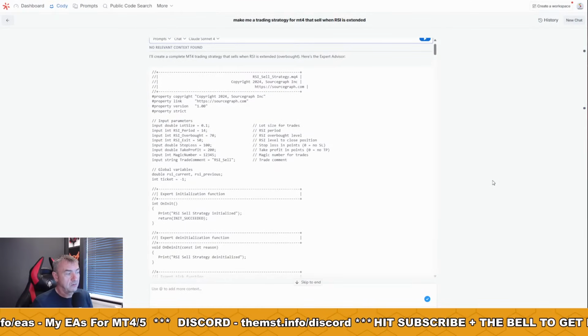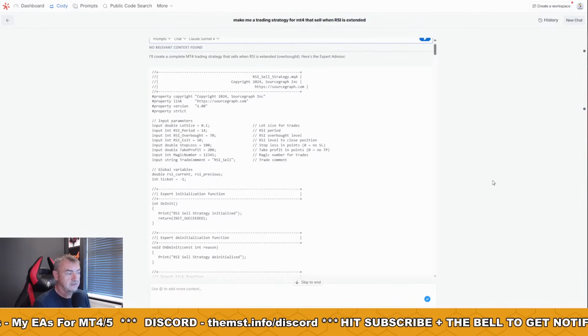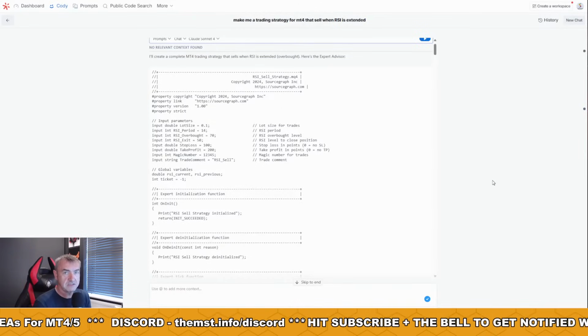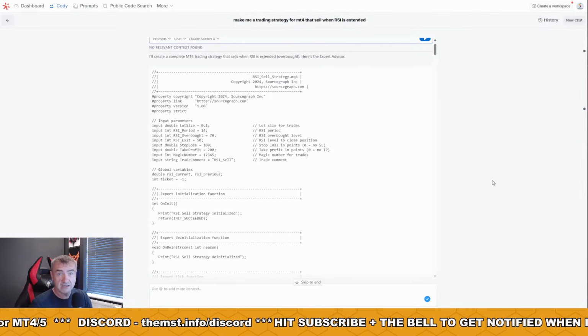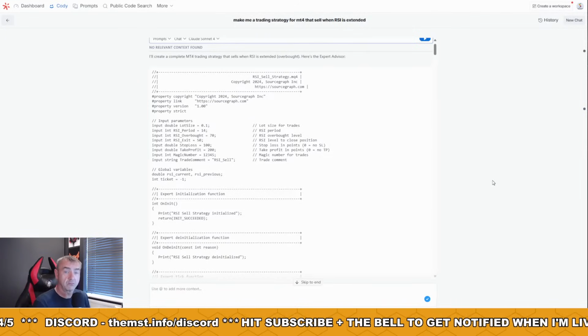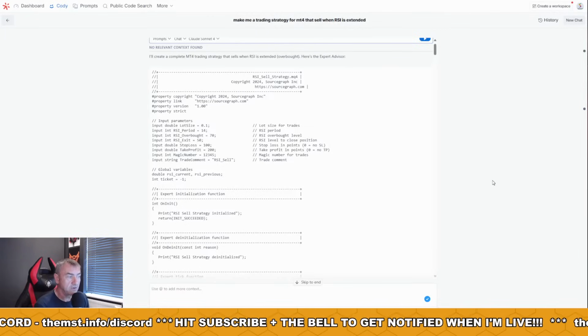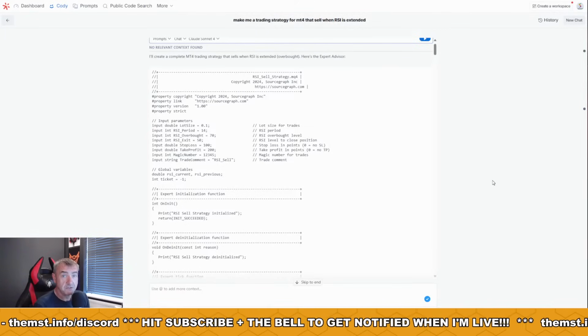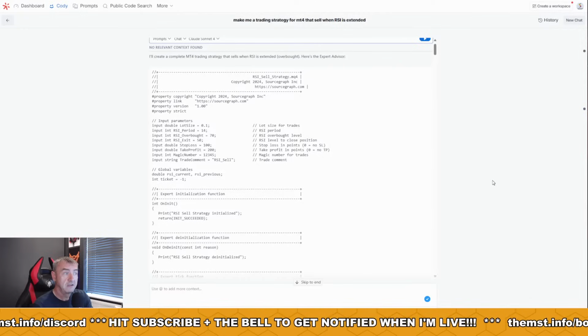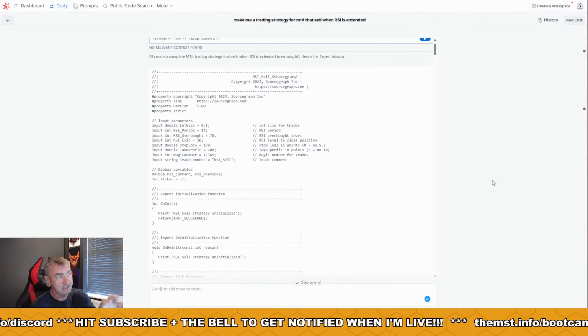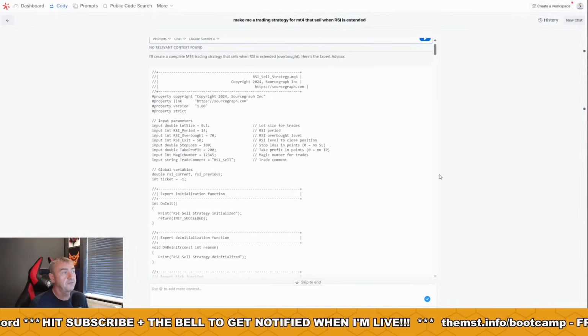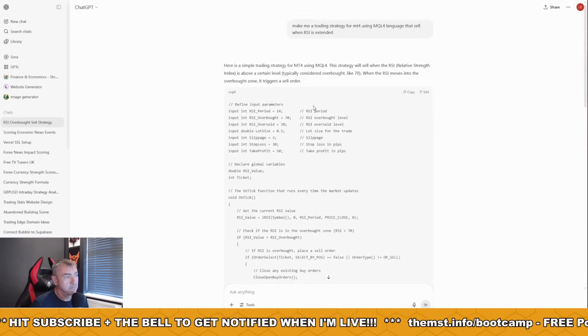Cody will go, okay, so we're going to need initialization functions. We're going to need deinitialization functions. If I'm drawing lines, I need to deinitialize those. I need to remove them when it's removed from the chart. It thinks ahead all the stuff that needs to be done to make the thing work. In ChatGPT, you have to say much more.